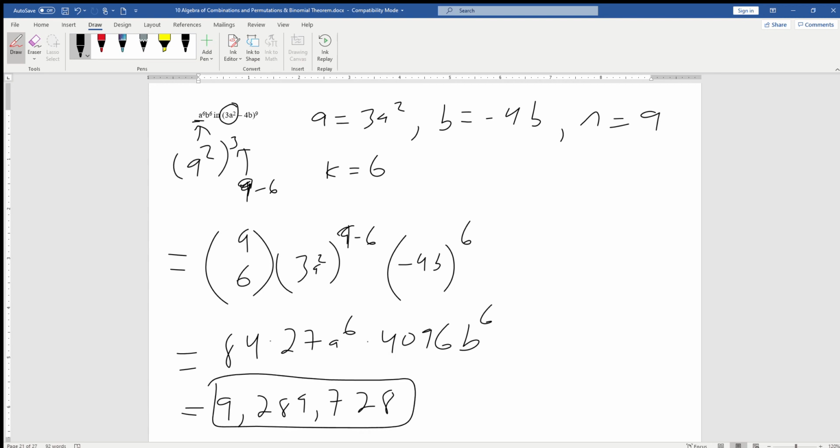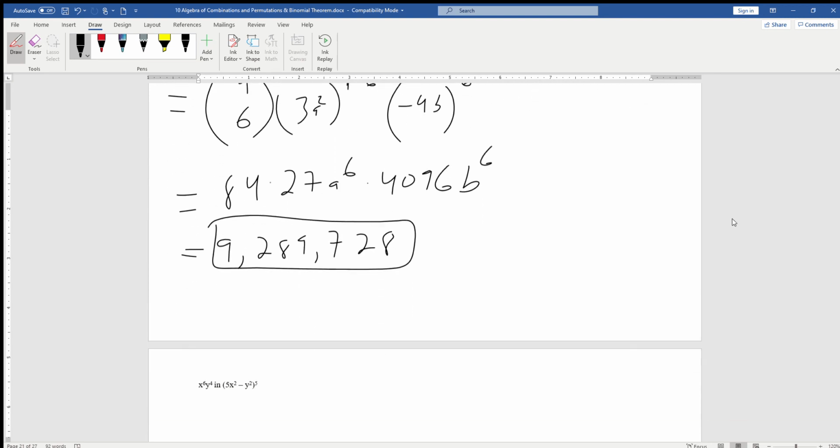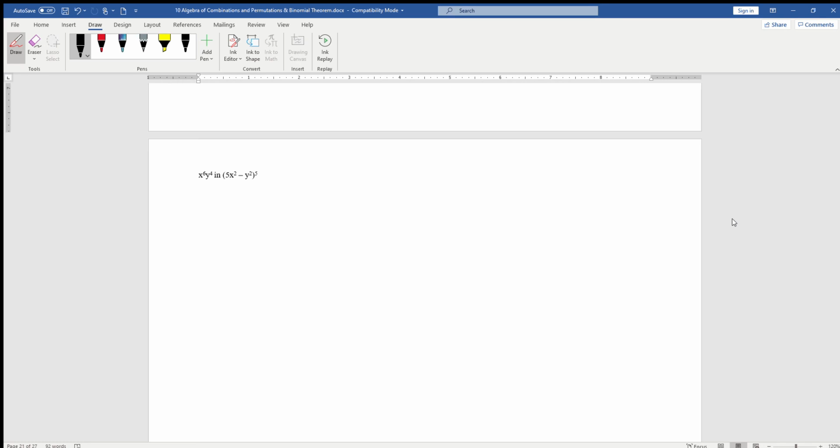Right. So one last example. What if both of the terms are now quadratic inside of the binomial? So we're going to have to think of x to the sixth as x squared cubed, and we're going to have to think of y to the fourth as y squared squared. Right? So in this case, when we're defining a, b, n, and k, n is always pretty easy to define. All right?